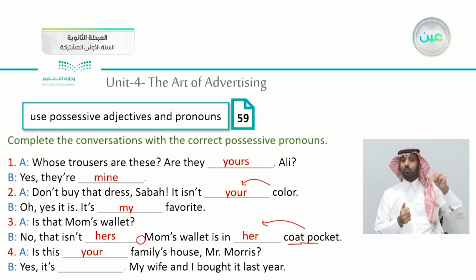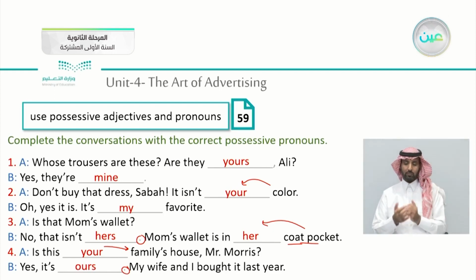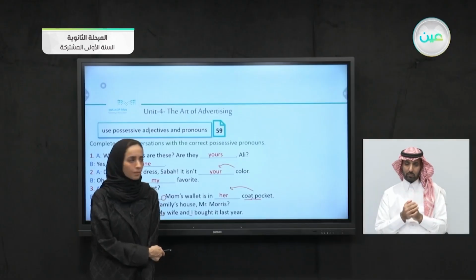Possessive adjective, because we're having the house after it, which is the noun. Yes, it is. At the end of the sentence, here, it is ours or mine. My wife and I, so we, ours. My wife and I bought it last year. Check at the end of the sentence, just use the possessive pronoun.